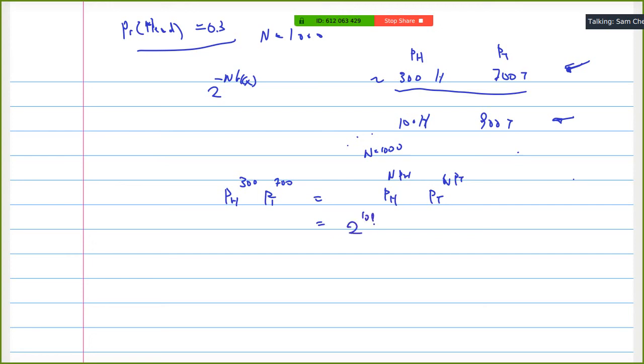Then I can write 2 to the log. I'm taking a log and then an exponential, they just cancel one another.